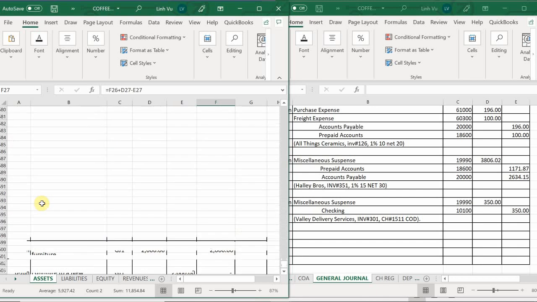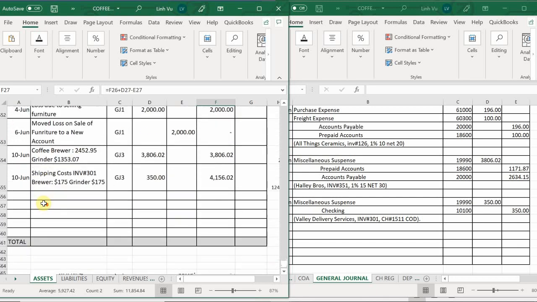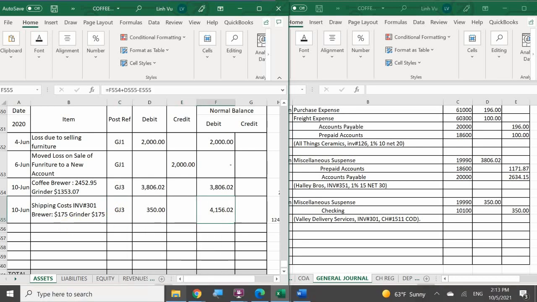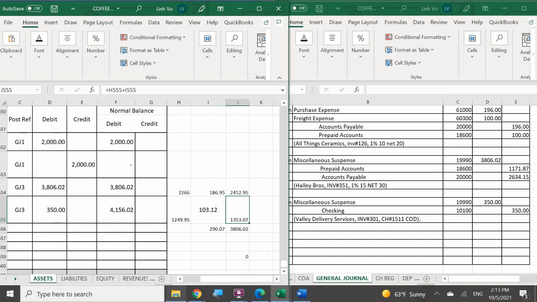So, right, that's why I had you do your little calculations on the side here, right? We know that the coffee brewer right now with tax is $2,452.95. We need to also take out the $175 worth of shipping from that. So I'm going to go back to my calculations, because now I need to actually add my $175 for shipping.